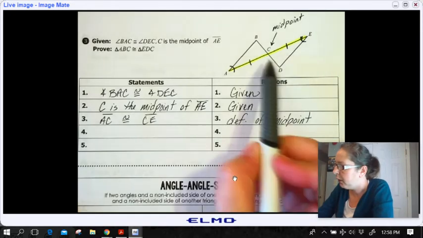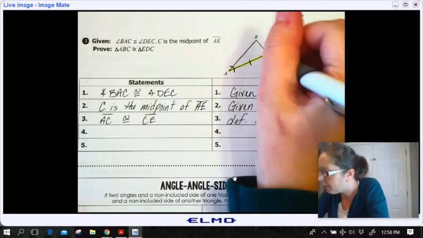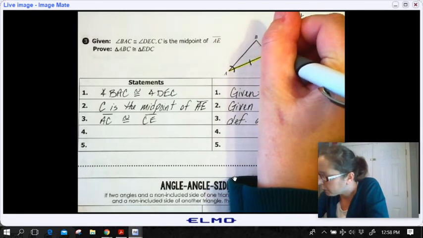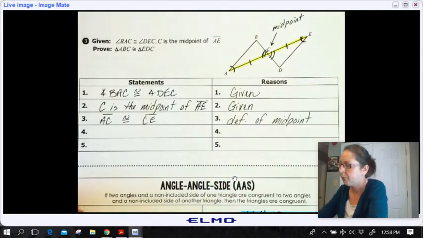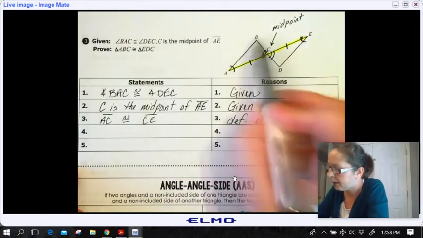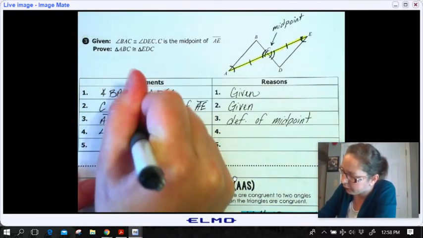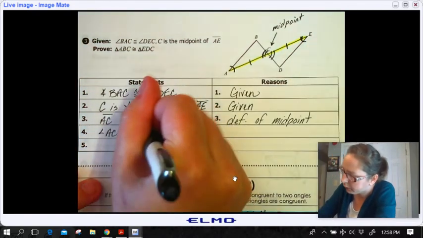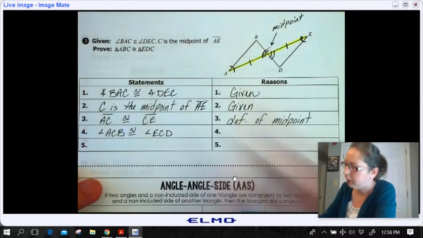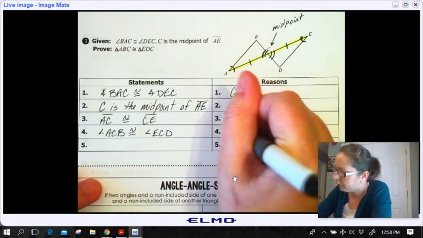Well, I know something about these two angles. I know that they're going to be congruent, but how? So let's say ACB is going to be congruent to ECB. They are going to be congruent because they're vertical angles.